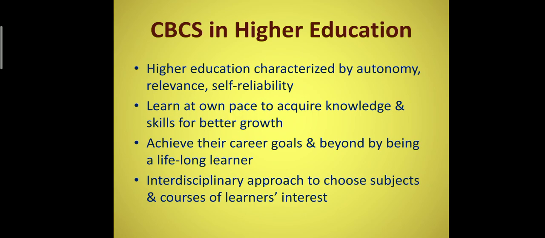They like to take their own decisions, so it is very necessary that you give them some freedom to make their own choices. Then higher education needs to be relevant to the present context and present needs. So it is important that the learners are given the opportunity to choose the subjects which are relevant for the individual learner. Okay, so relevance is very important.